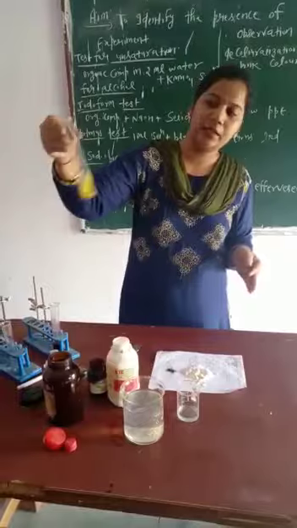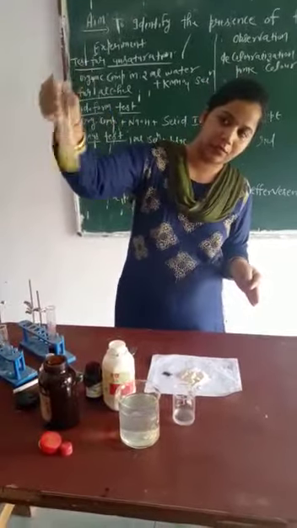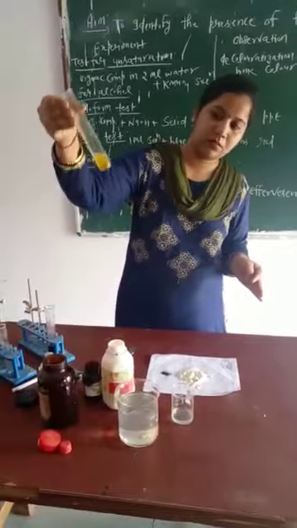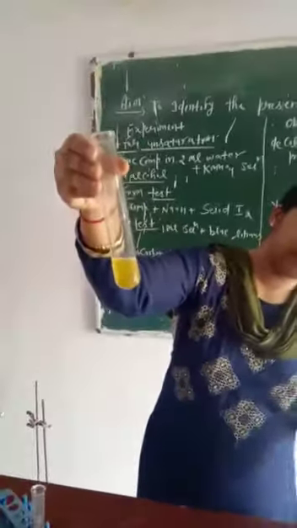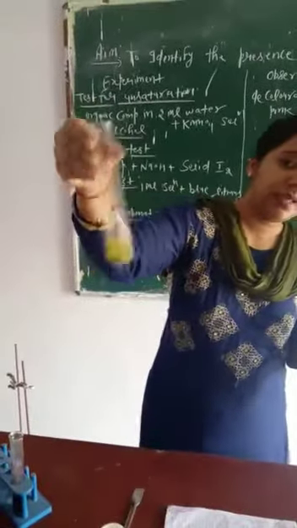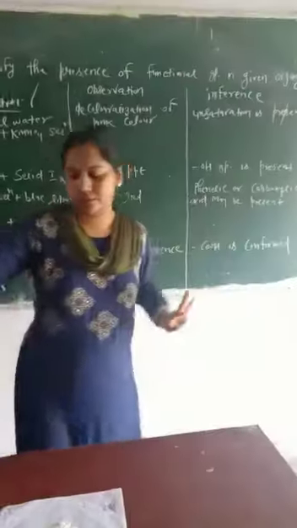You can see that there is only yellow color but no yellow precipitate. There is no yellow precipitate. See carefully. That means alcohol group is absent.